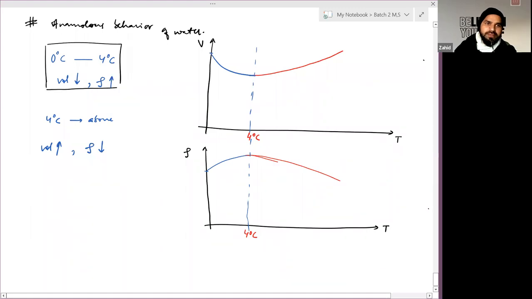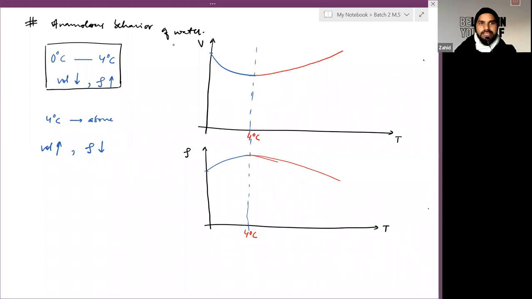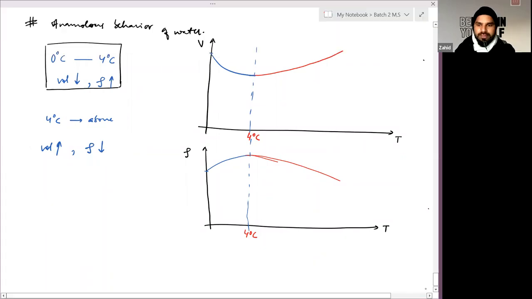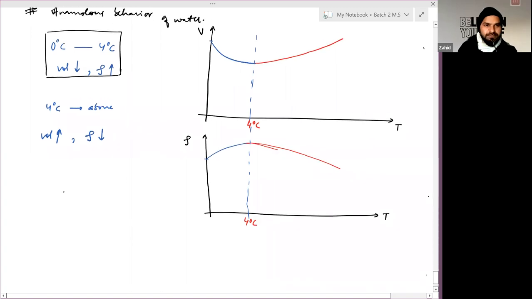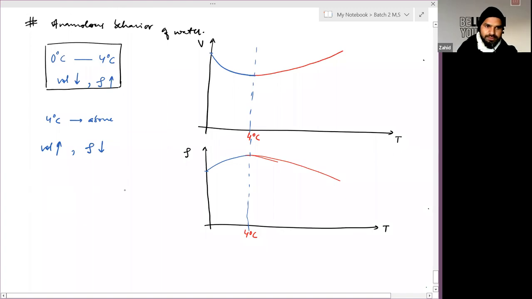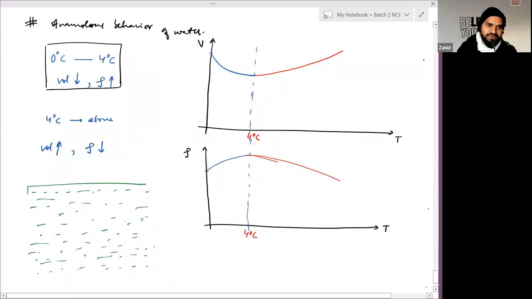Now, according to this behavior, let me explain what facilitates the existence of aquatic life in the ocean. Suppose this is the surface of water. On decreasing the temperature of the surroundings, water will start freezing from its top surface, since it is exposed to the atmosphere first.